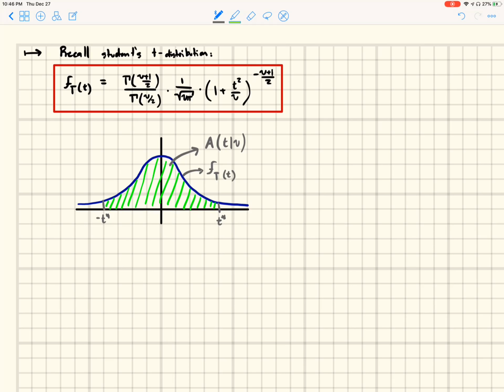Now, if we recall, this A of t given v is simply the integral of our distribution between these two limits.